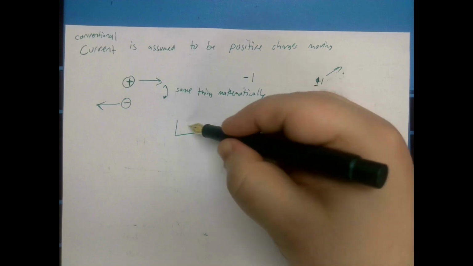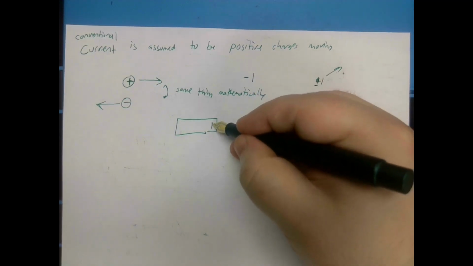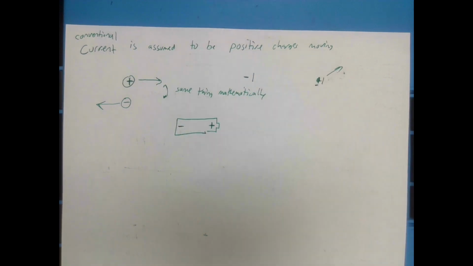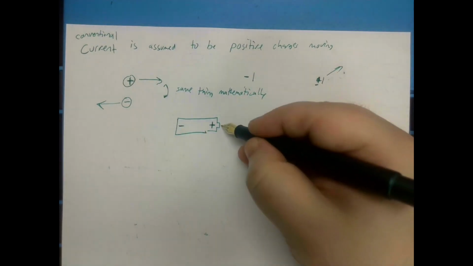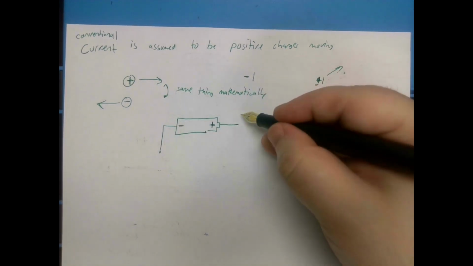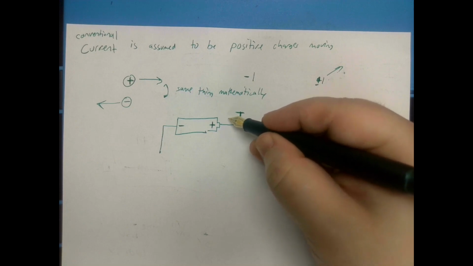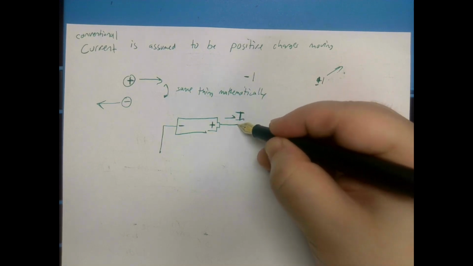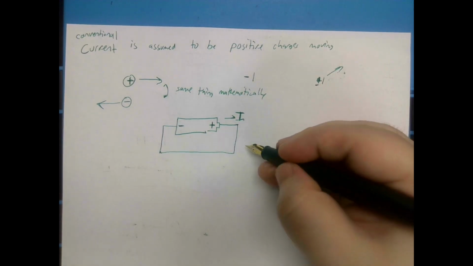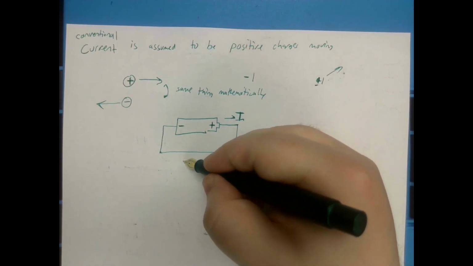So in a battery, we have the positive terminal here and the negative terminal here. Conventional current, which is I, will flow out of the positive terminal and go around to the negative terminal.